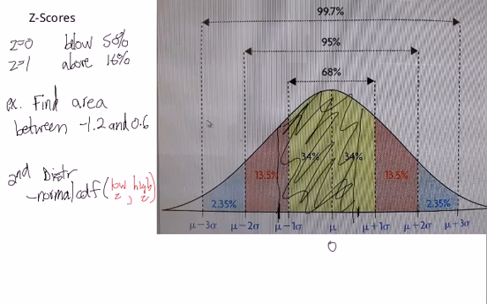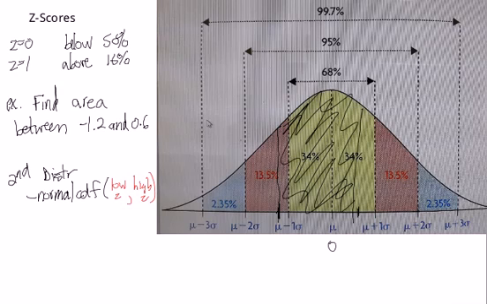So if we do this on our calculator, we put in negative 1.2 for our low one, 0.6 for our upper one, and hit enter. If you have a newer calculator, it gives you some extra stuff. So what you want to do is just delete the zeros and the ones that are in there. You just want the negative 1.2, comma 0.6. The comma button is right above 7 if you're looking for that.